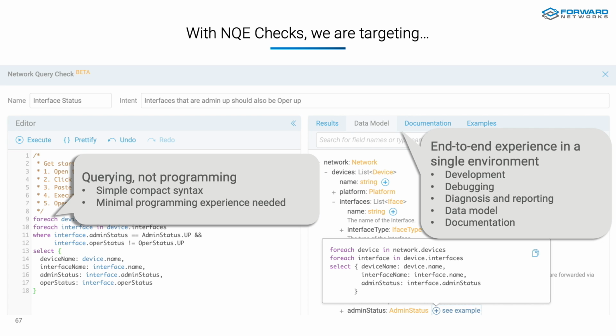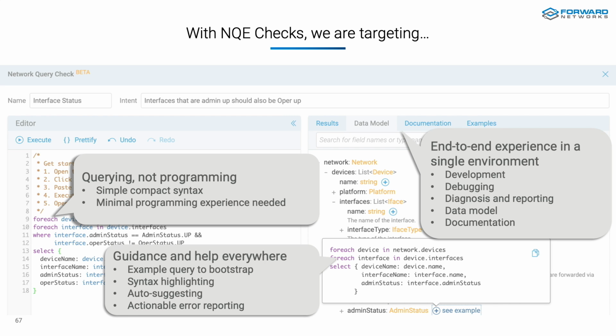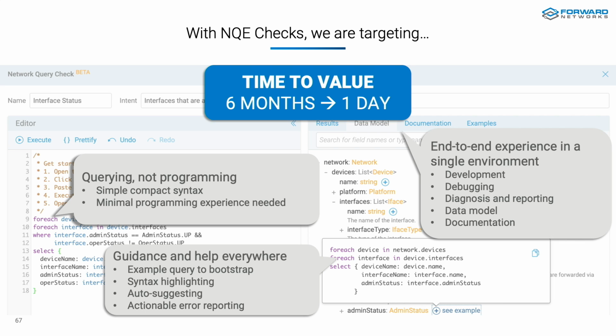This is really important for our users who don't have a lot of programming experience. And this has simple, compact syntax. And finally, guidance and help everywhere, from example queries to bootstrap, syntax highlighting, auto-suggesting, actionable error reporting, everything that you saw in the demo. But ultimately, our goal is to reduce time to value from what would take several months previously, down to just an afternoon.